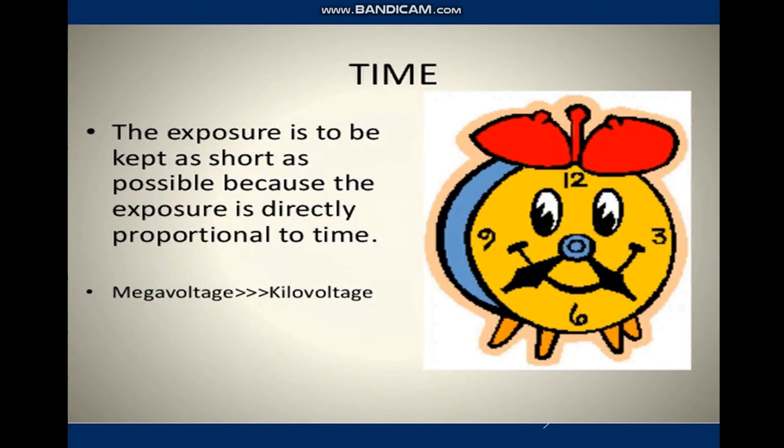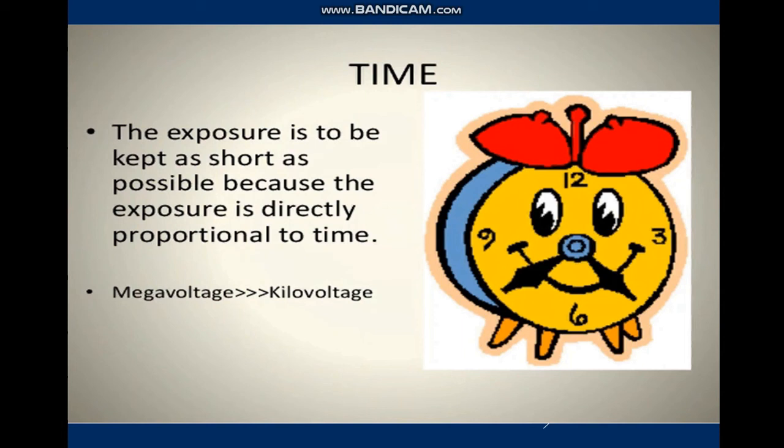That is, the exposure is to be kept as short as possible because the exposure is directly proportional to time. Thus, during investigation or during treatment with ionizing rays, the amount of radiation an individual accumulates will depend on how long the individual stays in the radiation field.